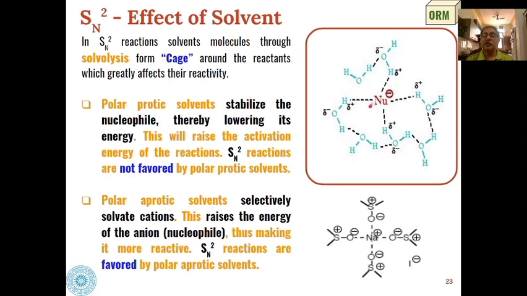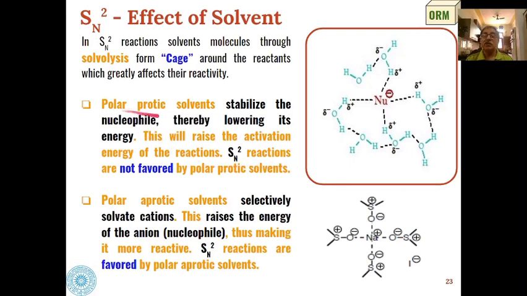If the energy of the system is lowered, the activation energy of the reaction will increase, meaning formation of the transition state will require higher energy. So under these conditions, SN2 reactions will not be favored.